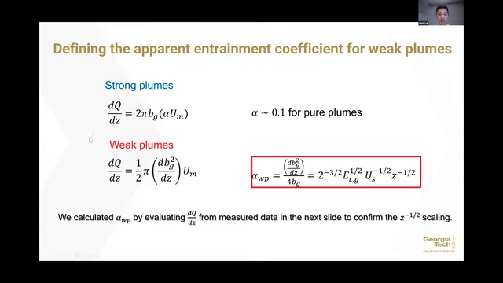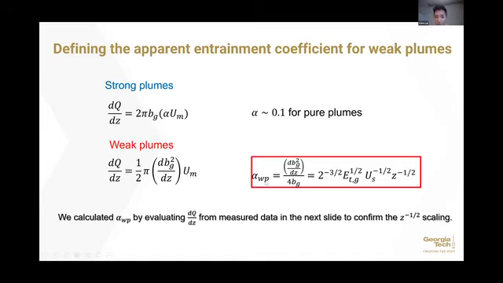On the top path, we see the equation for strong plumes, and we know that for pure plumes, the alpha is about 0.1. For the weak bubble plume, the dQ/dz is given by this formula, and if you now try to match this expression between the strong and the weak plumes, you can define what is called the apparent entrainment coefficient, which I denoted as alpha subscript WP here.